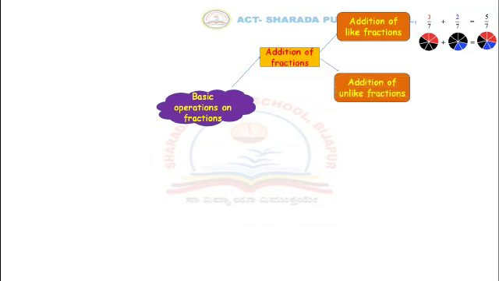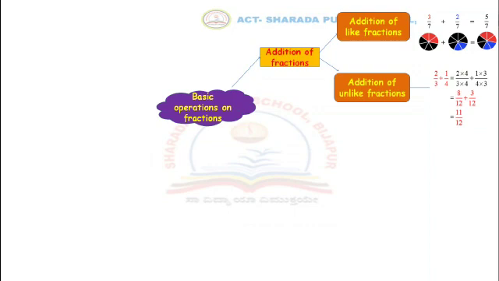Addition of unlike fractions. Some rules are there to add unlike fractions. The first rule is we have to convert the unlike fractions into like fractions. We have to take the LCM of the denominators. We have to make the equivalent fractions. For example, 2 by 3 plus 1 by 4 are two unlike fractions.